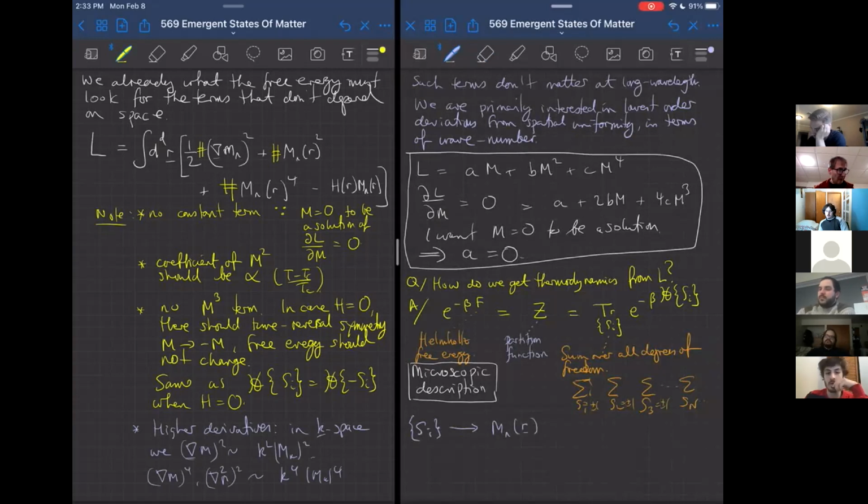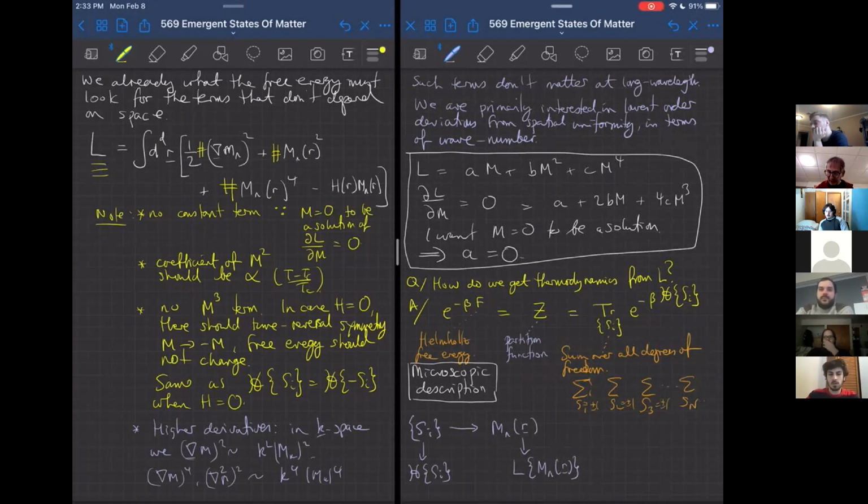So we've coarse-grained from there. This thing is governed by the Hamiltonian of the system, and this thing is governed by the Landau free energy of the system. I'm going to write the Landau free energy of the system like this, but I'm going to say more about this in a minute. And this L is the same thing that I have over here.